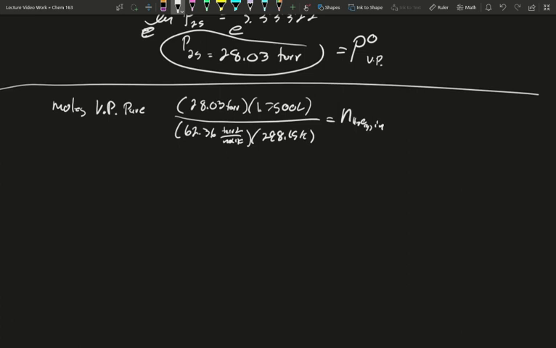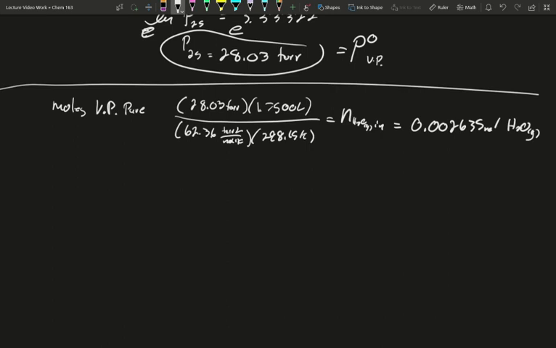What pressure would the water gas have exerted in the original volume? We know that. We know the original volume. How many moles of water gas would have been in that volume? We'll find that originally that was 0.002638 mole of water vapor. That is how much water vapor was in our balloon in the original flask.